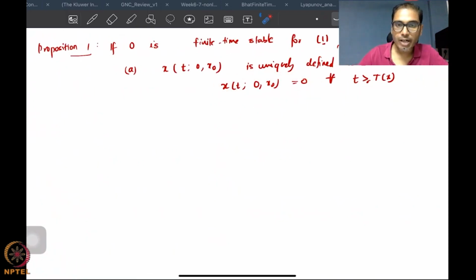So this is not a very complicated notion. The next thing to remember is that the solution, the way this is written, one has to be careful here.